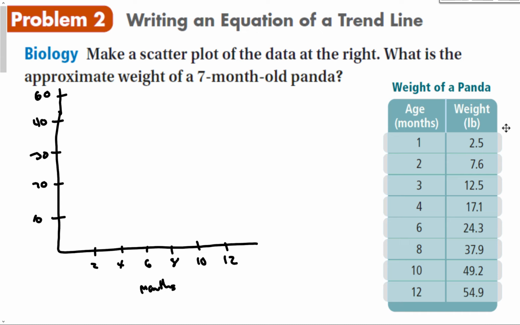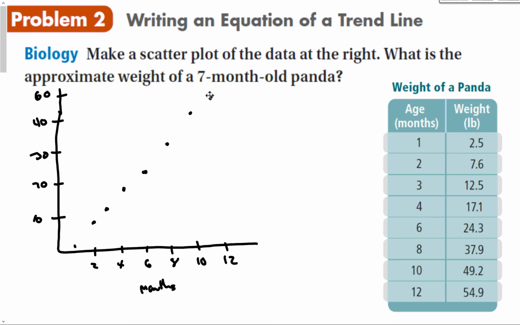So 1-month-old is 2.5 pounds. 2-month-old is 7.6. 3-month is 12. 4-month is 17. 6 months is 24. 8 months is 37. Okay. 10 is 49. And 12 is 54.